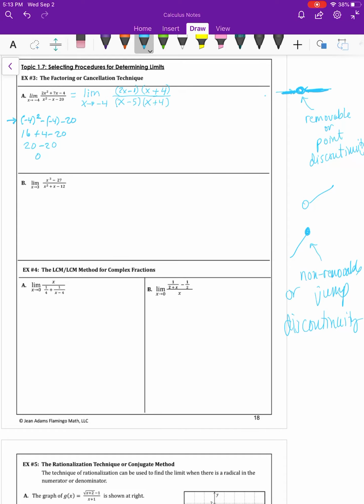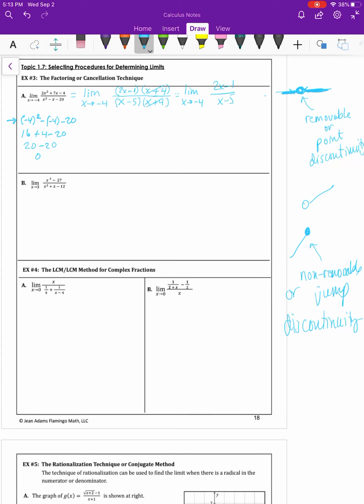This one, a negative 5 and a positive 4. When I multiply, I get negative 20. When I add them, I get negative 1. So that one works. And then I see that x plus 4 cancels. So that does remove my division by 0 issue.